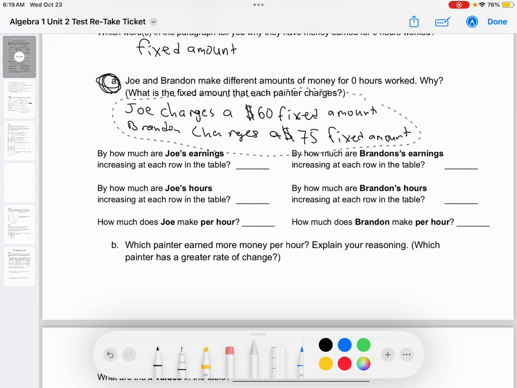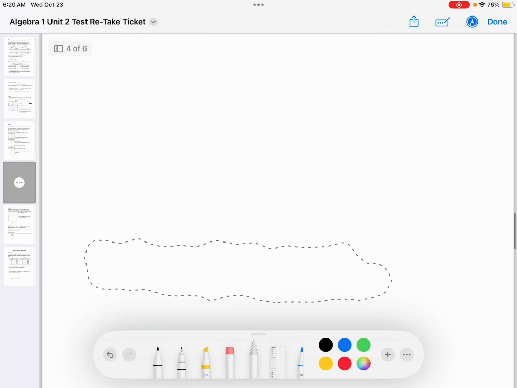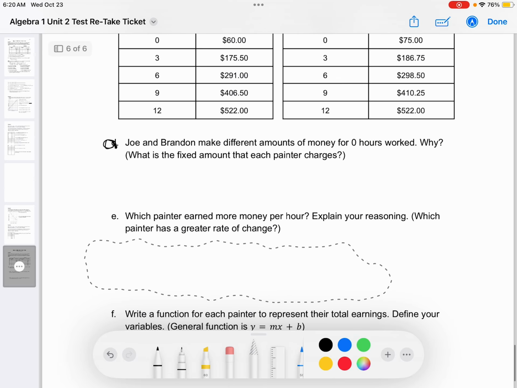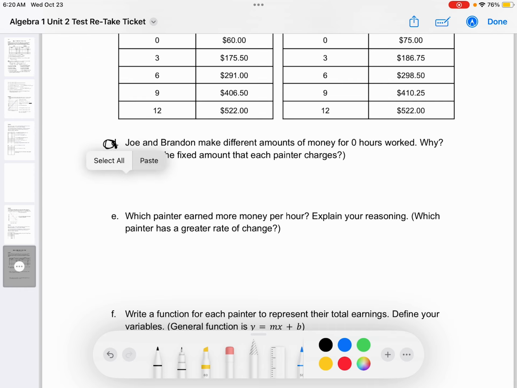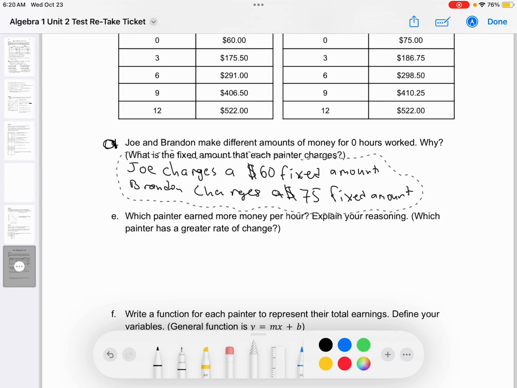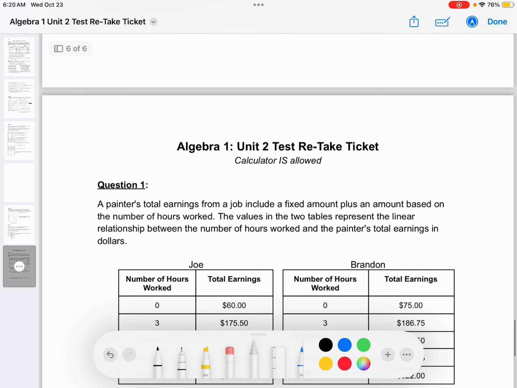We can put that same answer down here for question A. And that's what we're going to do as we go through this review: once you have the answer up towards the top, go down to the end, and you can put the same answer down there.